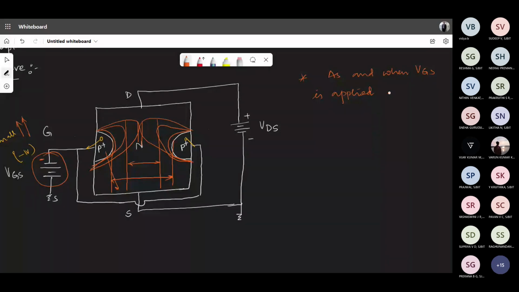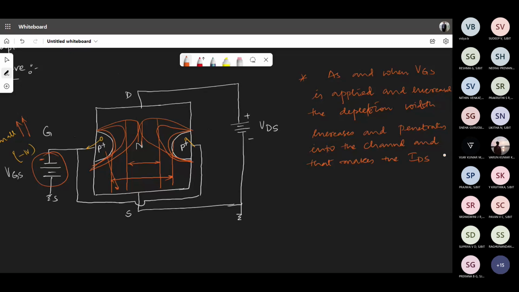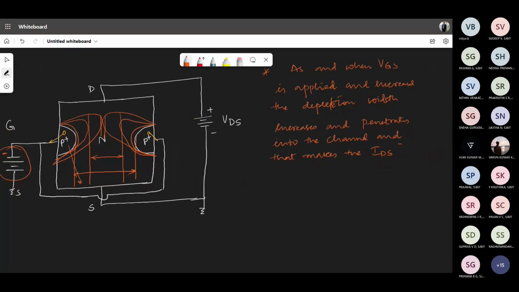As and when VGS is applied and increased, the depletion width increases and penetrates into the channel, and that makes the IDS current, from now onwards, instead of calling it IDS, allow me to call it just ID, one and the same.